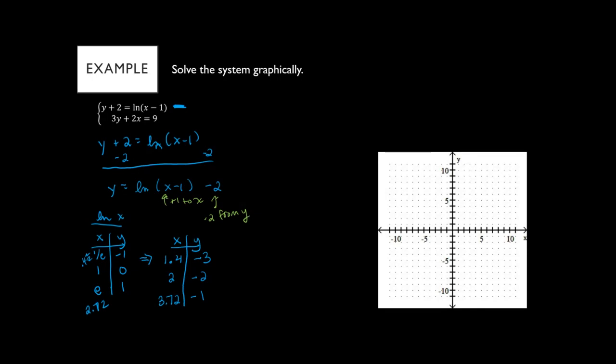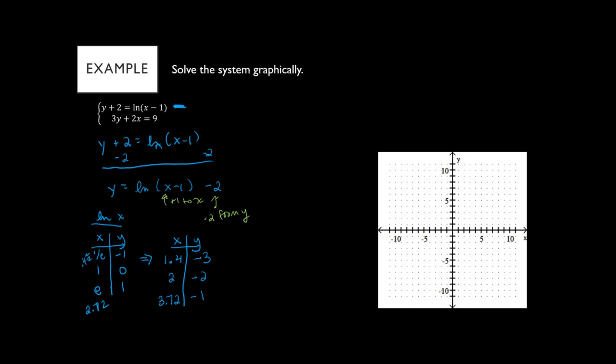And I'm going to just verify one of these points. I'm going to plug in 2 for x and make sure that when I plug that into the natural log of x minus 1 minus 2, I get the correct number here. And yes, that gives me -2.